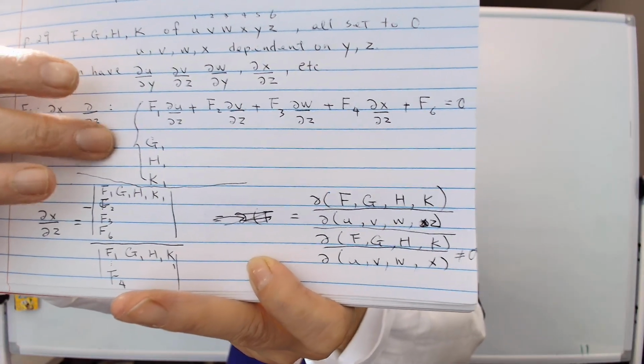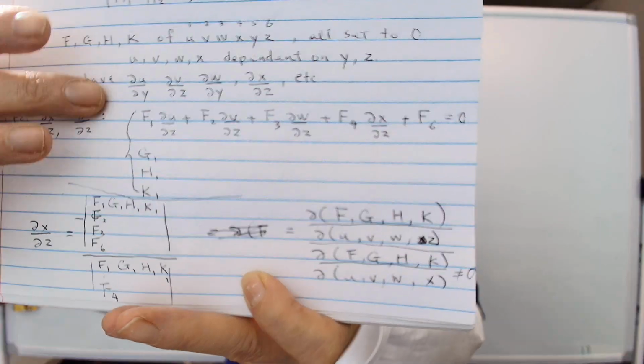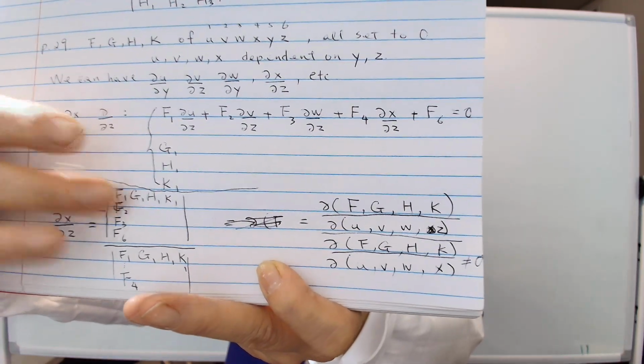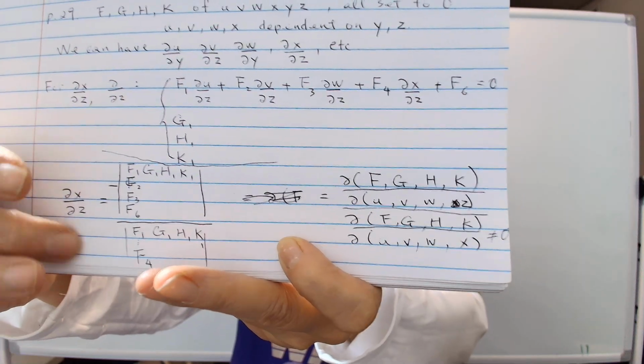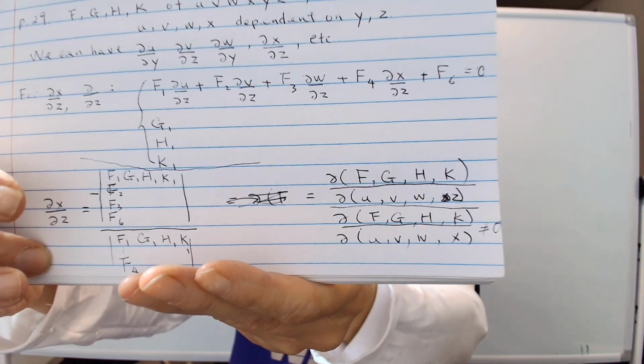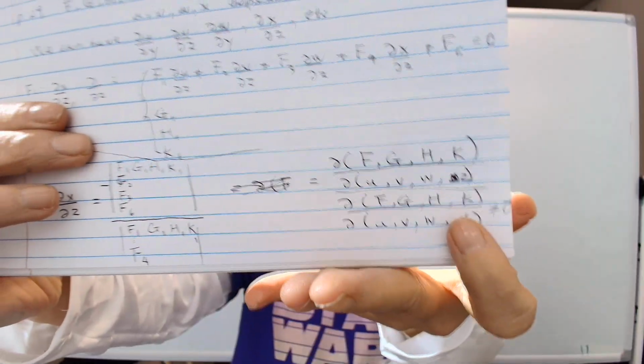The first line is that, and the second line looks just like the first line, except that you replace the letter f with g, and so on. So then you will end up with the division of the determinants, right? Which can be written like this, okay?